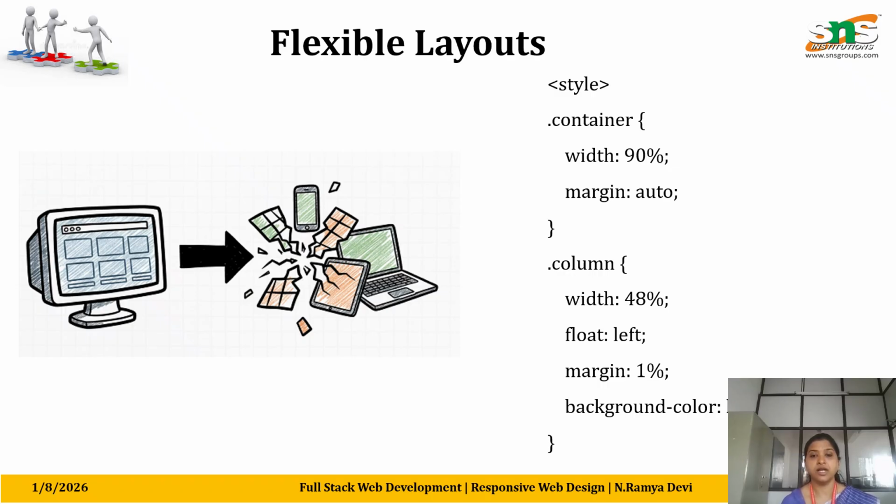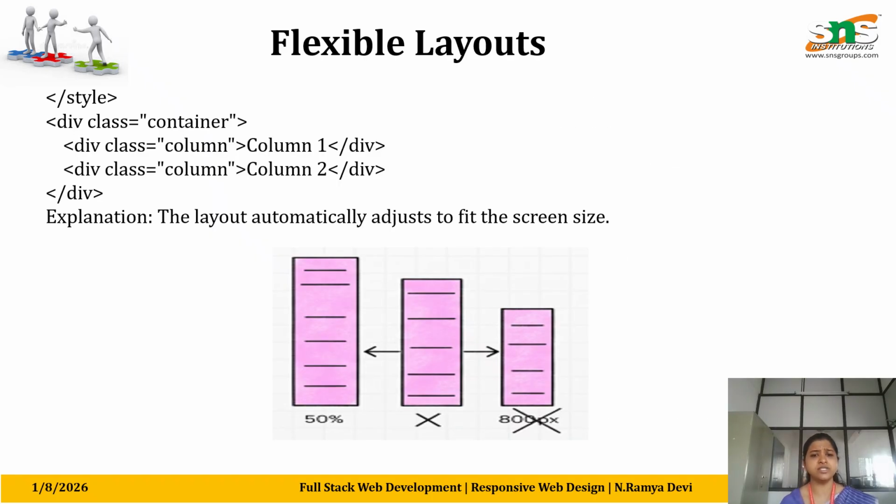And also you can give the column. The column can also be styled with the width, float, margin and background color. This is also an example of a flexible layout. We can use the div element, with the class equal to container and then column, so that the container and column properties already written inside your style tag apply.